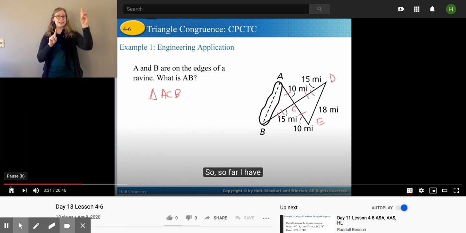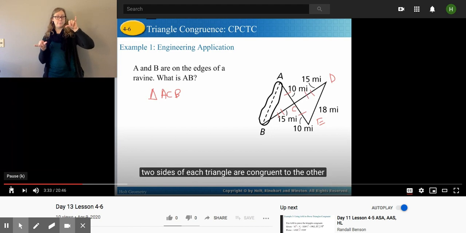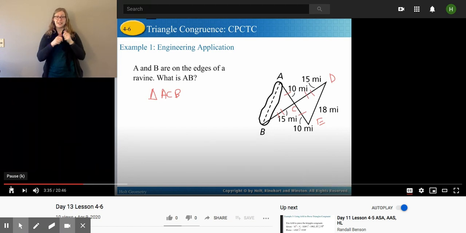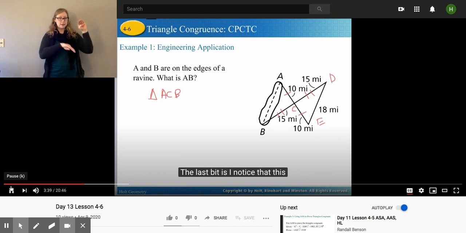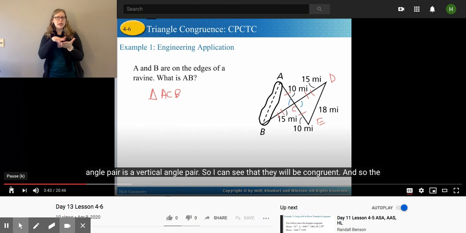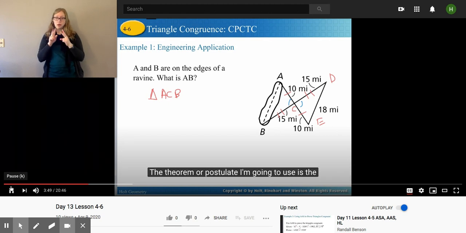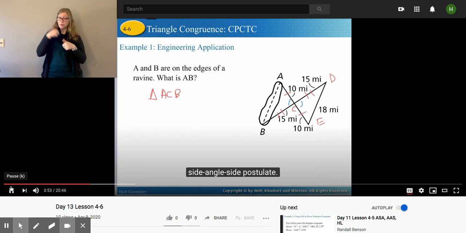So far I have two sides of each triangle congruent to the other triangle. The last bit is I notice that this angle pair is a vertical angle pair. So I can see that they will be congruent. And so the theorem or postulate I'm going to use is the side-angle-side postulate.